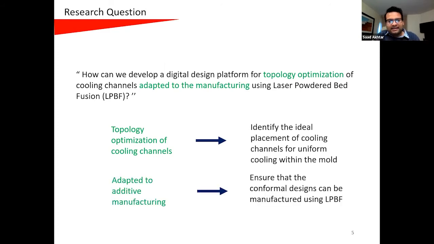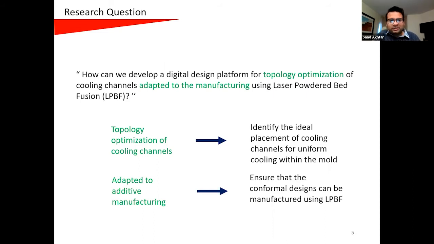And then adapted to additive manufacturing, that's another big part. For topology optimization itself, there has been a lot of work done, especially in the structural part. Not so much in thermal and thermo-fluid. There are some studies in thermal, but thermo-fluids get even more complicated because of the high degrees of freedom that you have to deal with in the problem.